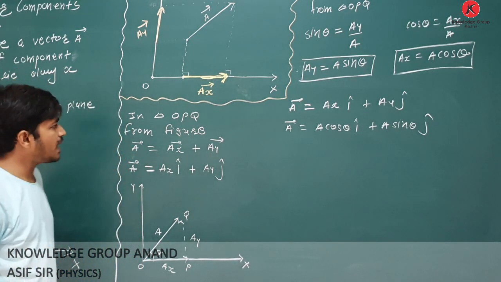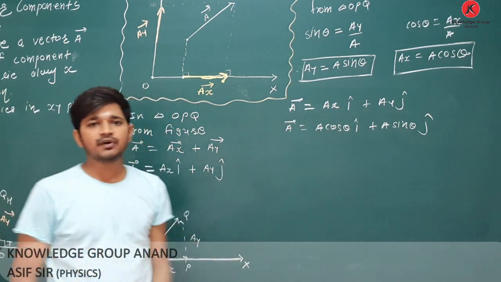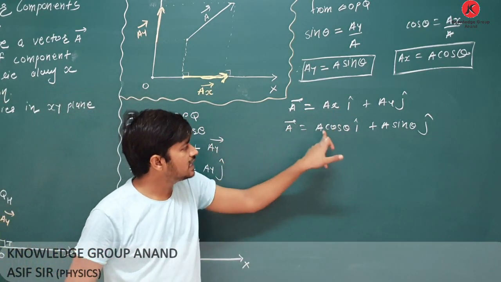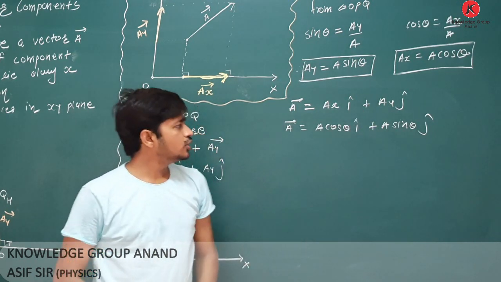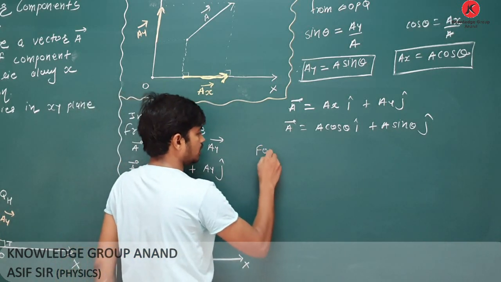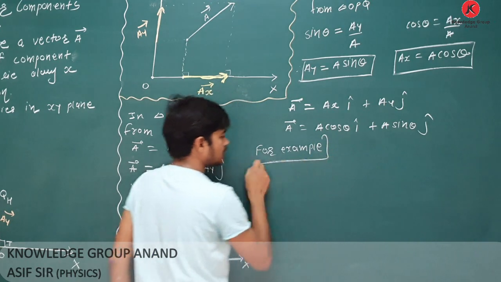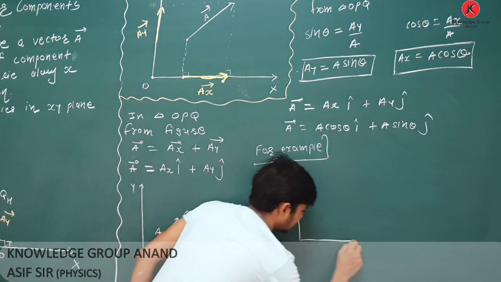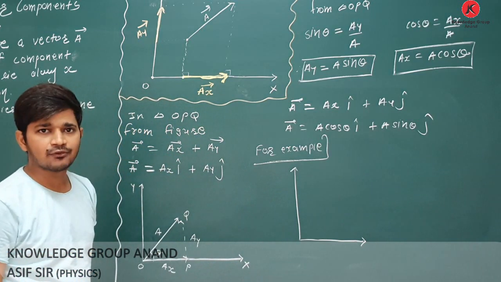You have to remember this equation. A is equal to AX i plus AY j, where AX is equal to A cos theta and AY is equal to A sin theta. For example, if you are given one vector like this, see carefully, okay?